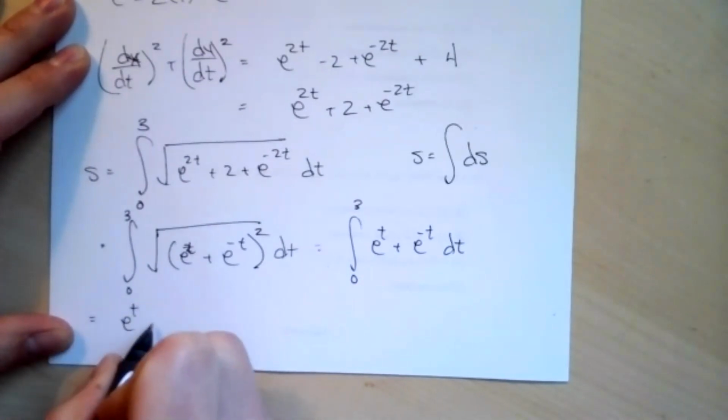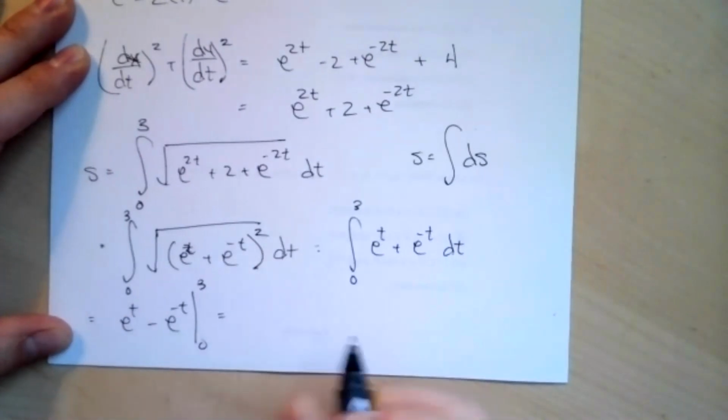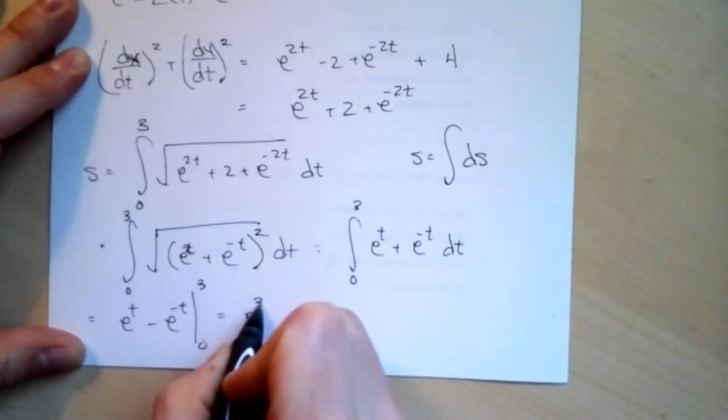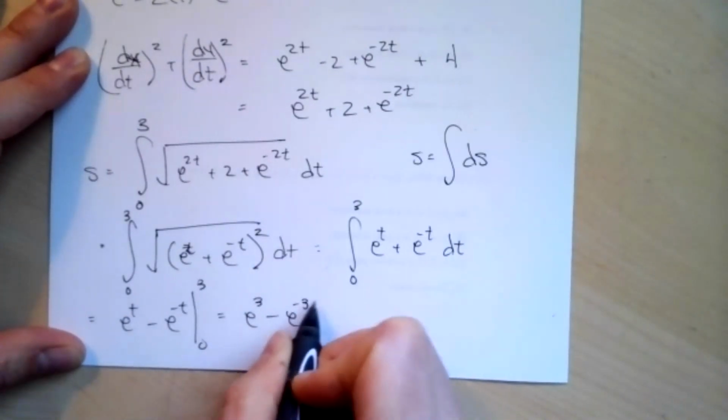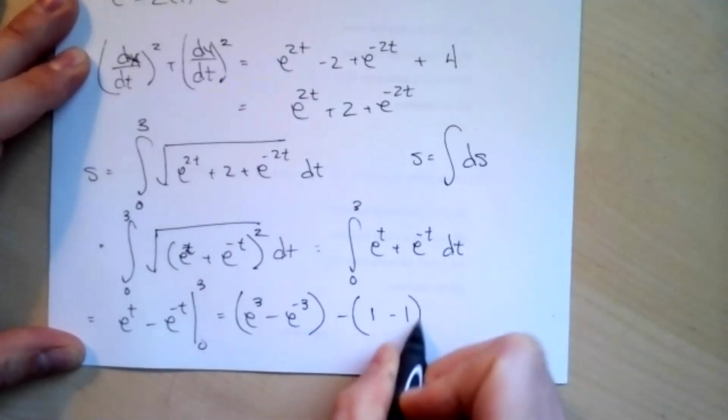That's just going to be e^t minus e^(-t) again, from 0 to 3, evaluating e^3 minus e^(-3) minus 1 minus 1.